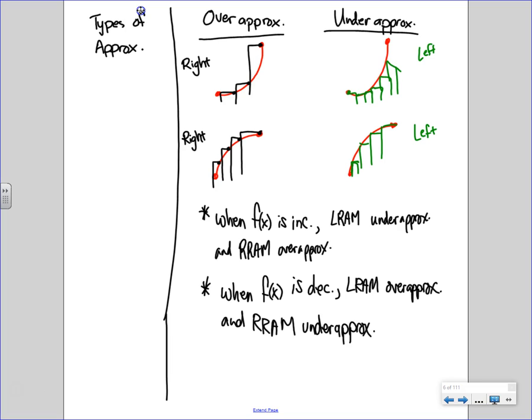If I were to graph decreasing portions, whether they're concave up or concave down, hopefully I could show you that if you came from the right, it's going to be an under. If you came from the left, it's going to be an over.